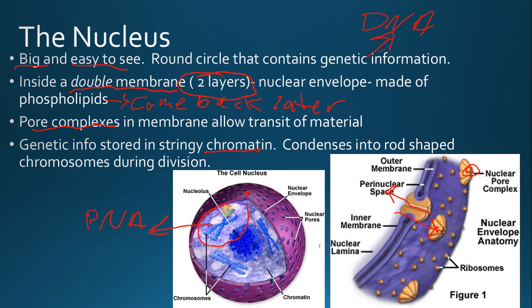And in this picture, it's in a chromosome, because whenever the DNA is condensed in this X-like or rod-like structure, it's called a chromosome. But whenever the cell's not dividing, it's kind of in these strings of DNA called chromatin. All right, so double phospholipid membrane with nuclear pores let things in and out. There's also ribosomes that are stuck on the nuclear envelope, and chromosomes / chromatin, when it's not dividing, store the genetic information.